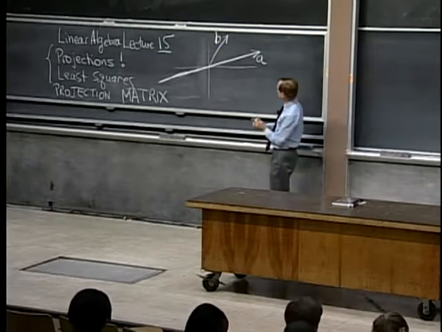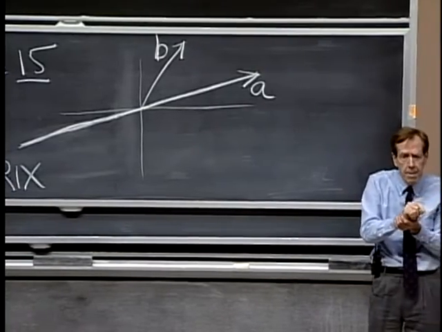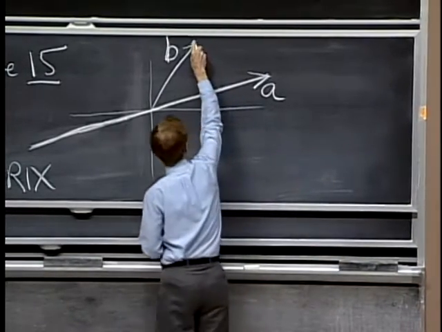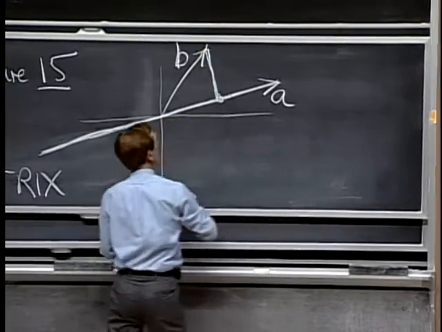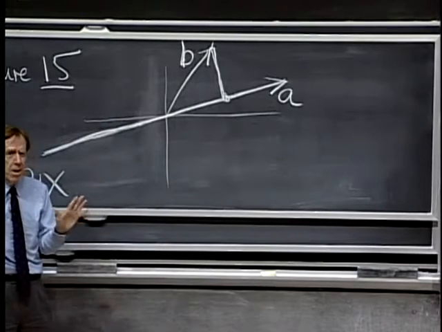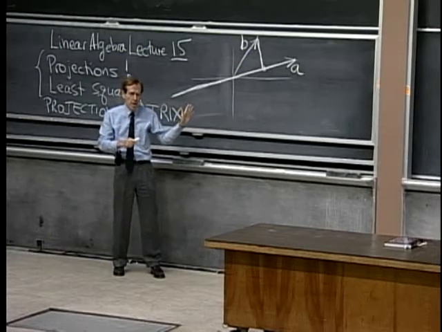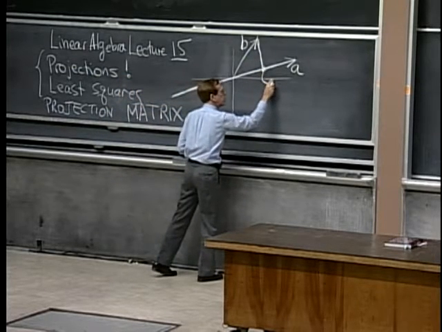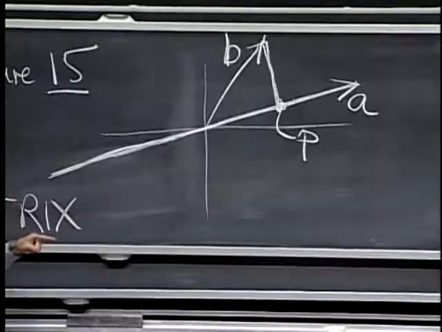So where's the point closest to B that's on that line? It's somewhere there. And let me connect that. And what's the whole point of my picture now? Where does orthogonality come into this picture? The whole point is that this best point, that's the projection, P, of B onto the line.